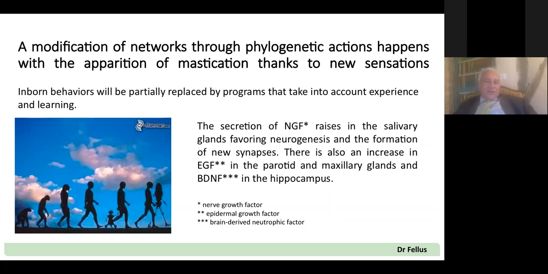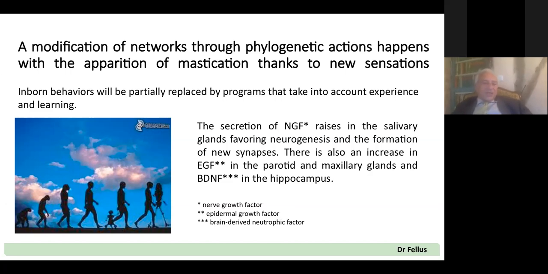And that was the physiological way to function during the first years, but there will be a modification of a network through a phylogenetic action that will happen with the apparition of mastication thanks to new sensations. Inborn behavior will be partially replaced by programs that take into account the experience and the learning.